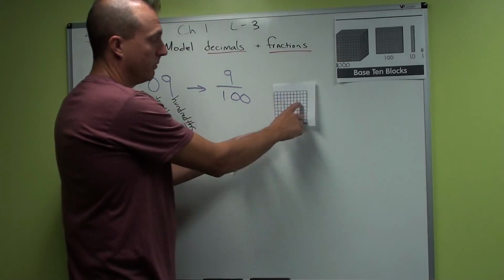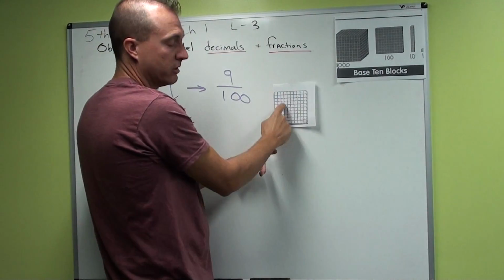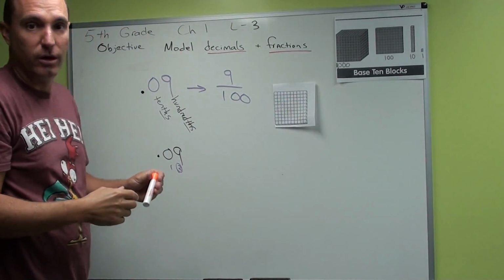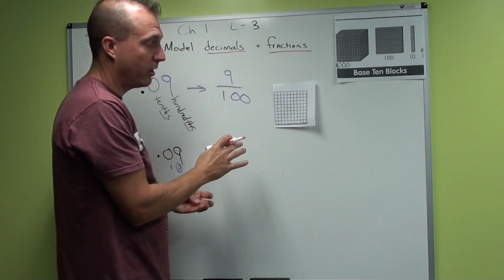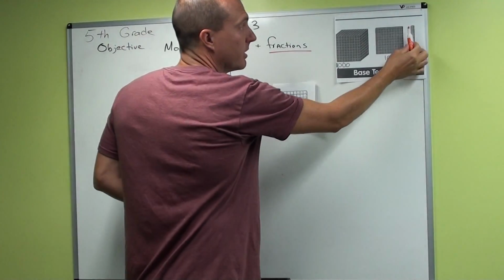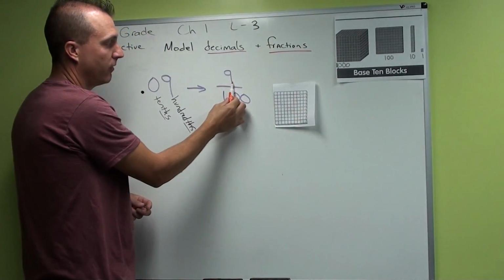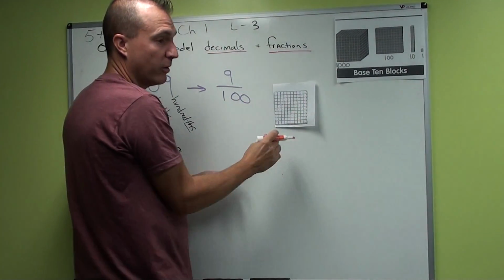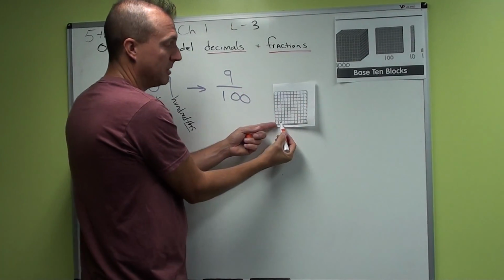Well, if you see, this is 100. So we have to fill 9 of those in. Every stick is 10. This is our 10 stick. So we have to fill 9 hundredths. We're not going to fill 9 sticks in, because that would be 90.